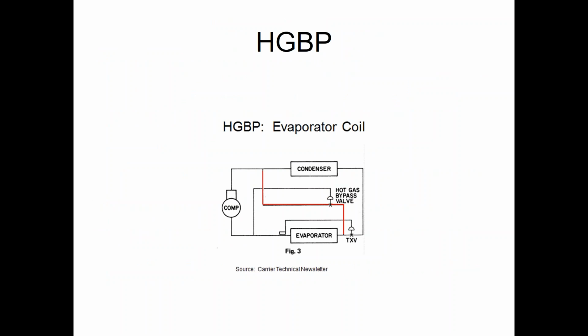Hot gas bypass or minimum load valve, pretty much the same thing. With hot gas bypass, we actually have a hot gas bypass run. Now this is typically on split system condensing units. We'll take off the hot gas line and bring hot gas down through a regulator valve and a solenoid and inject it right at the evaporator to bring the evaporator pressure and temperature back up into normal ranges, so we don't lose superheat control, we don't flood back, we don't have other issues.